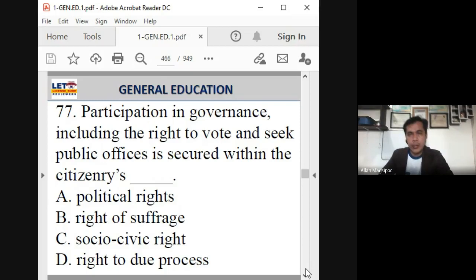Participation in governance, including the right to vote and seek public offices, is secured within the citizenry's blank. Political rights, right to suffrage, social civic right, right to due process. Answers, please.